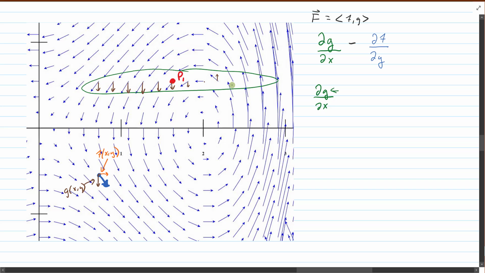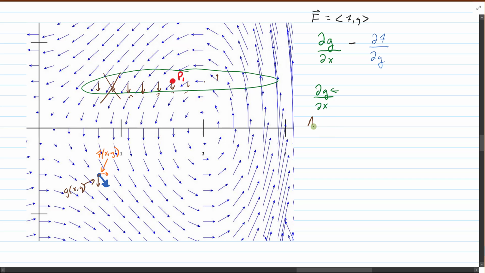Now, we can't actually use this information out here. That's a little bit too far away from our point P1. But closer to P1, what do we see the y coordinates of this vector are doing? This has a longer negative component, and here we have less and less and less. And so what we see is as we move from left to right, the y components of the vectors are increasing. Let's write that down.